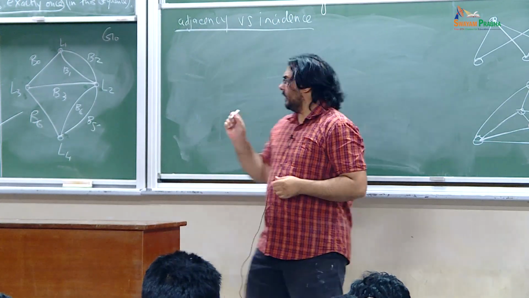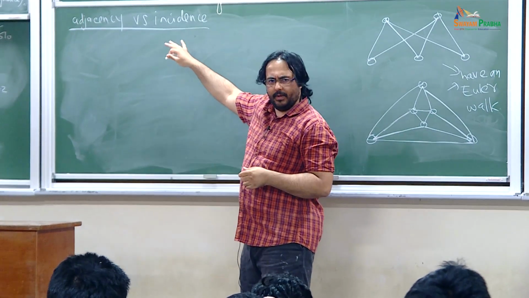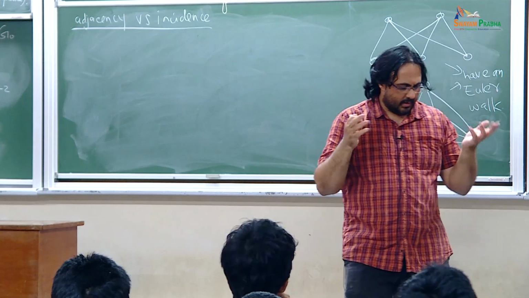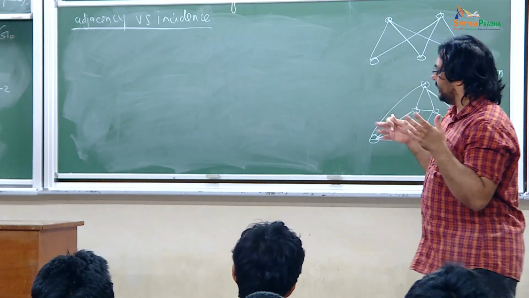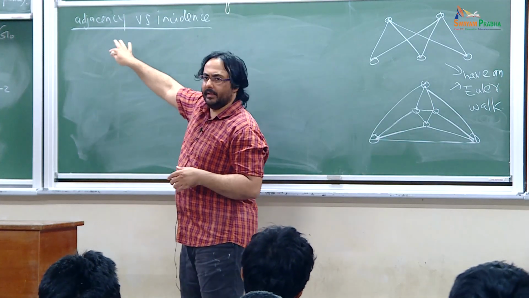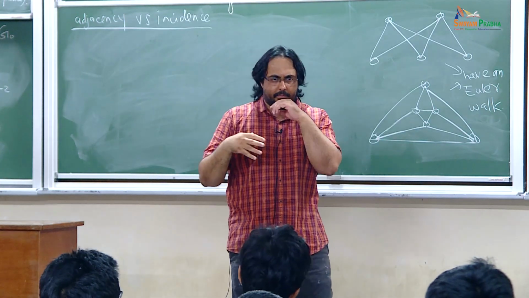You will encounter these terms in mathematics all the time, whether you are studying geometry, or subjects like matrices, algebra, maybe not as much, or graph theory. So let's talk about what these mean in graph theory.